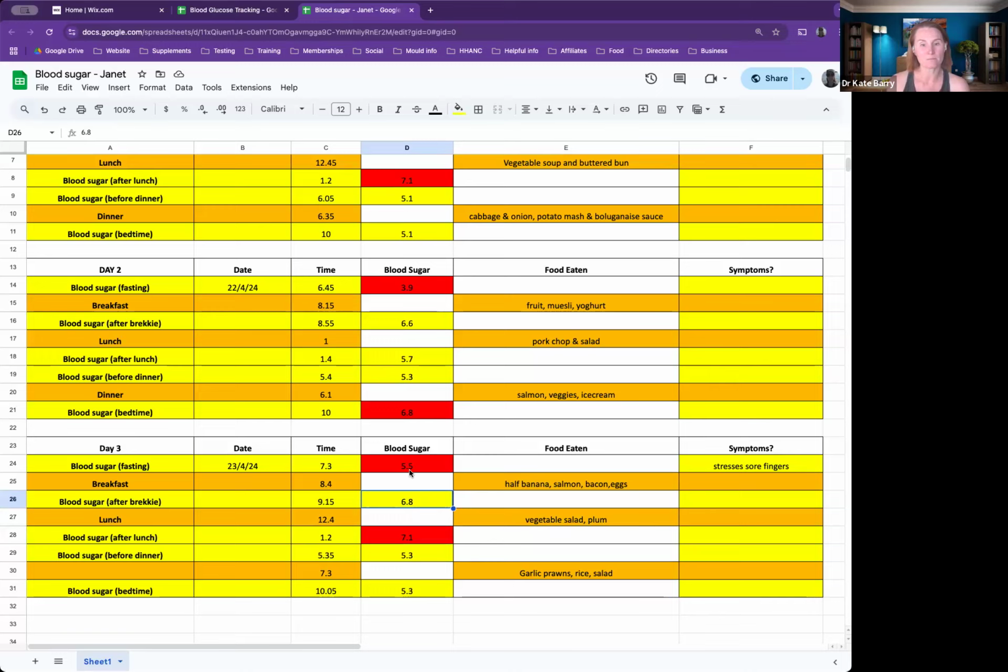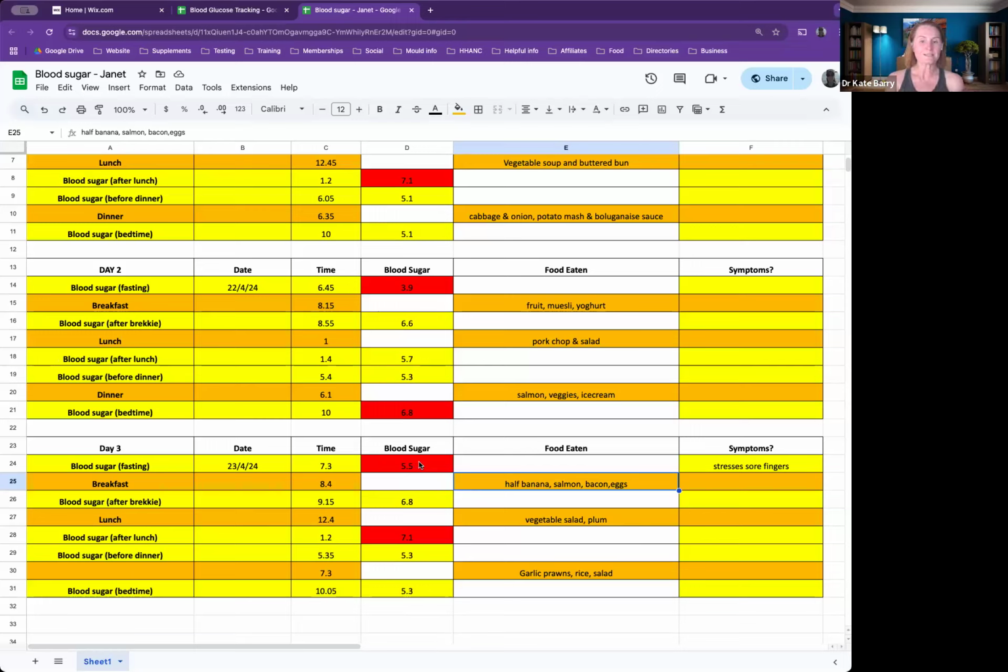So this is a much bigger spike from 5.5 to 6.8. And again, I would assume this is probably the banana, because the other stuff isn't really carby, right? So you have to start to look back at the previous scores.